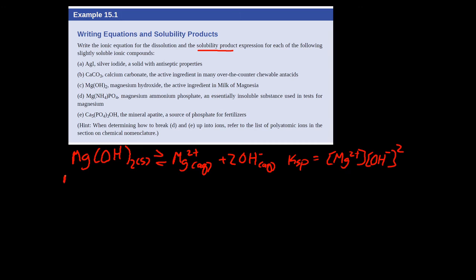So here we have MgNH4PO4. The reason I say it's going to be a little bit more complicated is because now we actually have 3 different things. We actually are going to have here Mg2 plus, which is an aqueous phase. We're going to have ammonium, which is in the aqueous phase.